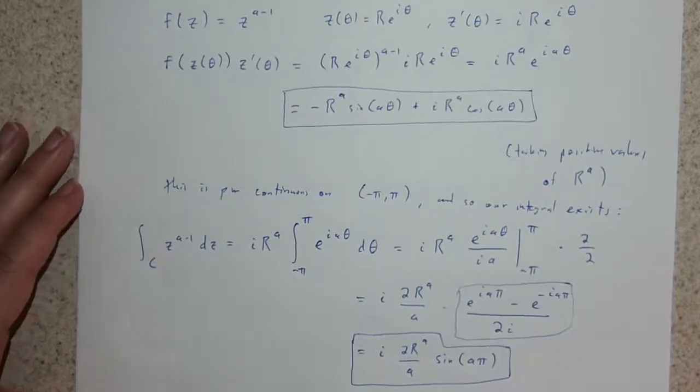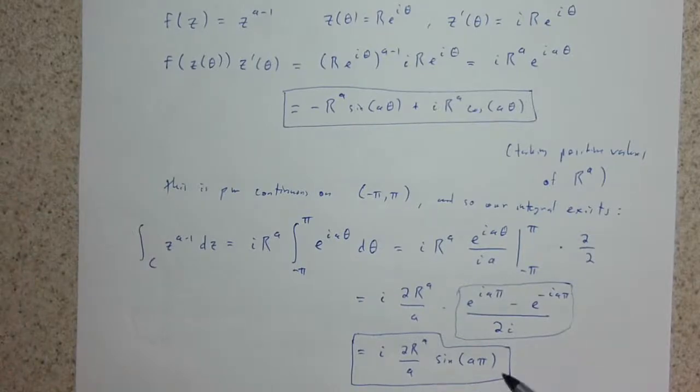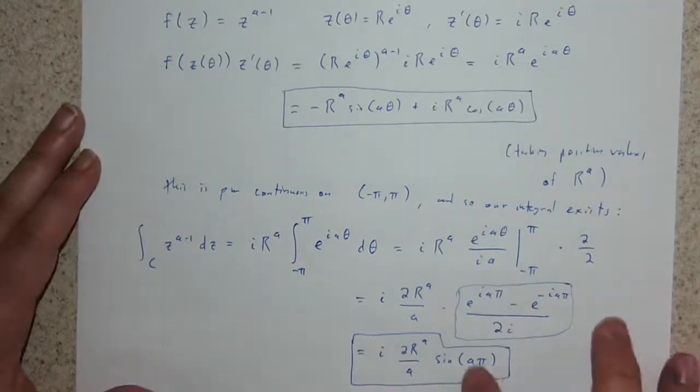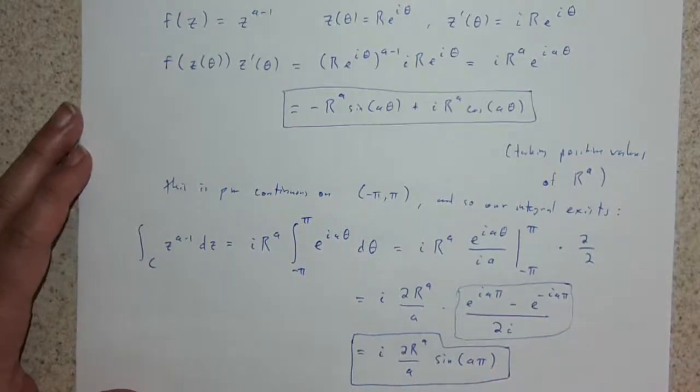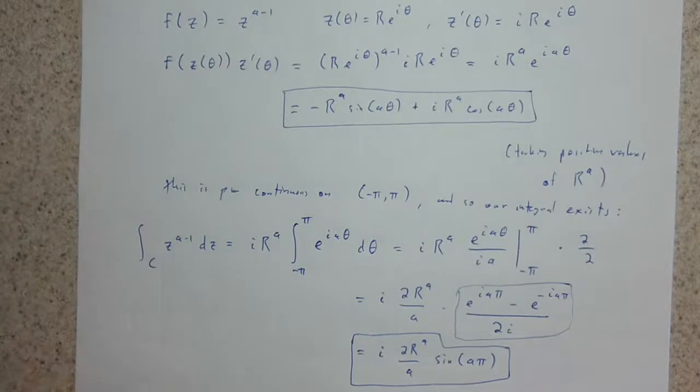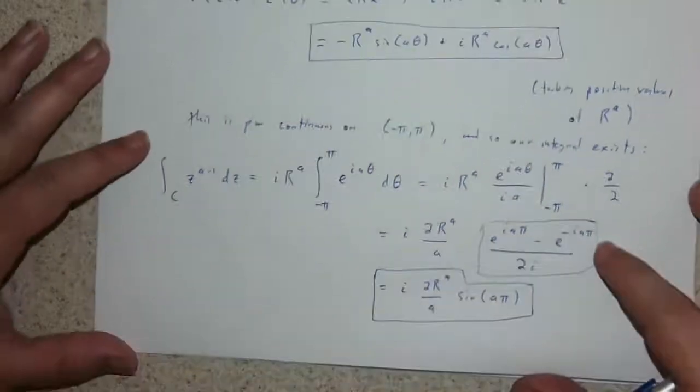Now, to see some specific values of this thing, when we take a to be some specified real numbers, if we set a to be, for instance, integers that are non-zero, we can immediately tell the following.